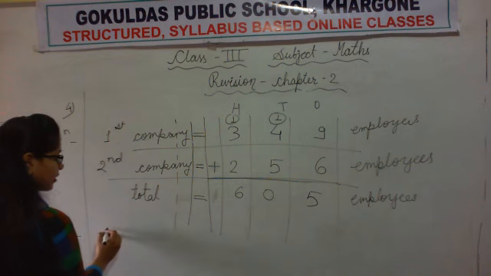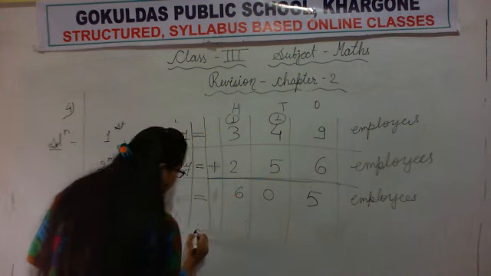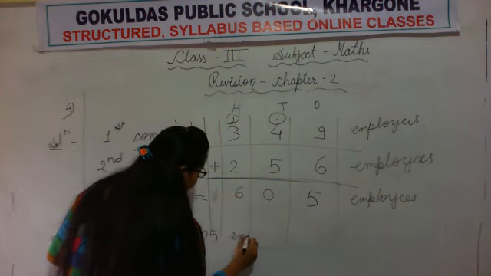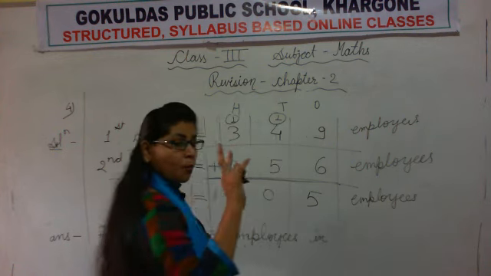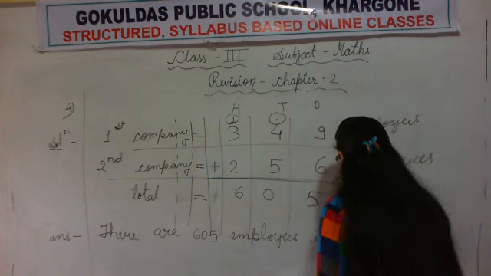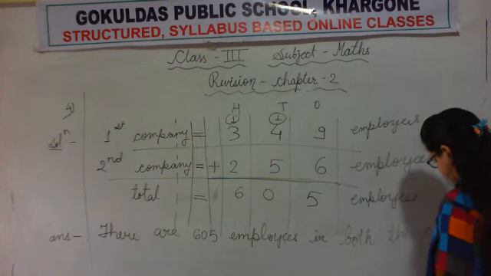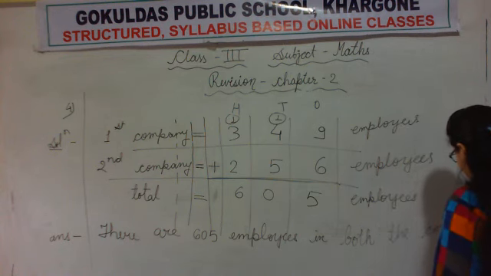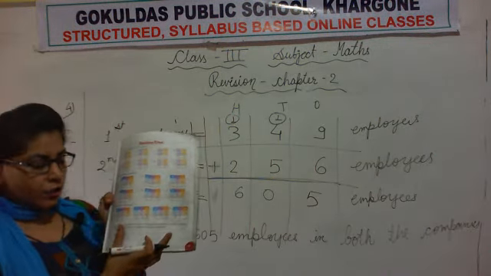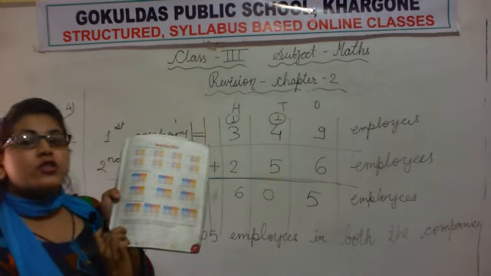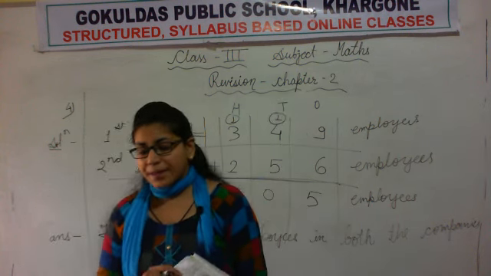So we will write, there are 605 employees in both the companies. Okay. Only this much space you are having, and see, the answer is written there. So after solving this much, you will write this answer in the book.